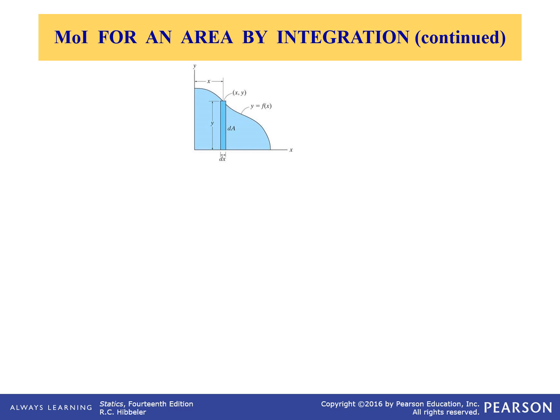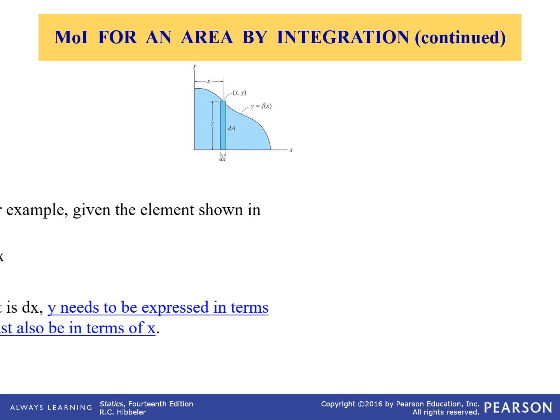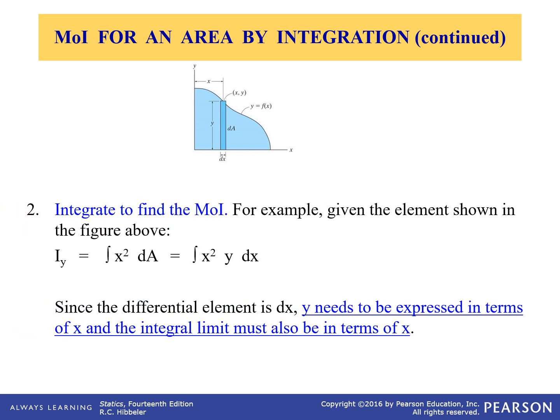And next, we can start to integrate to find the moment of inertia. But of course, first you want to write everything in terms of x or y. So in this case, again, we set r equal to x. This is the x or the r, the distance from the dA to the axis y.